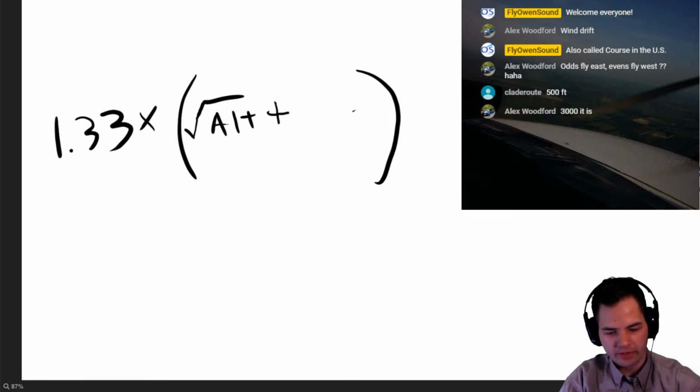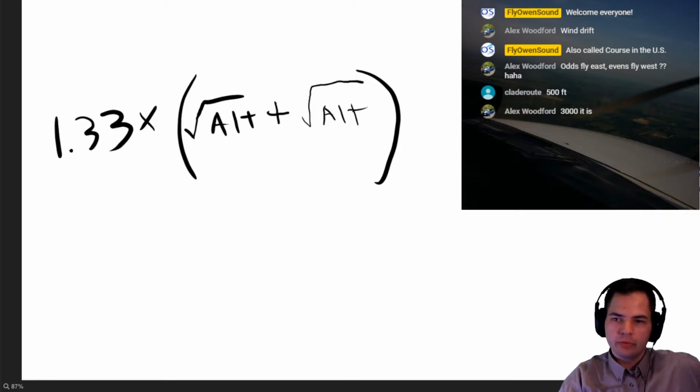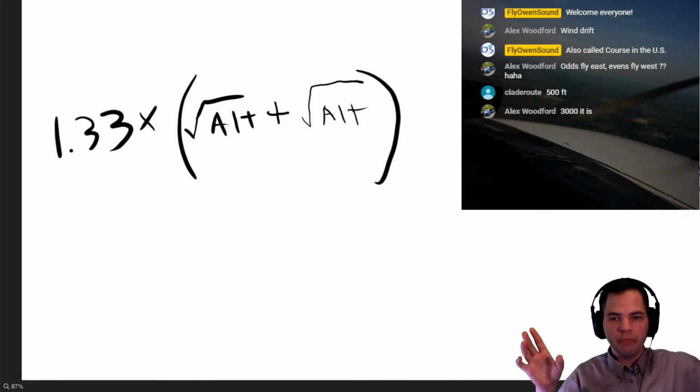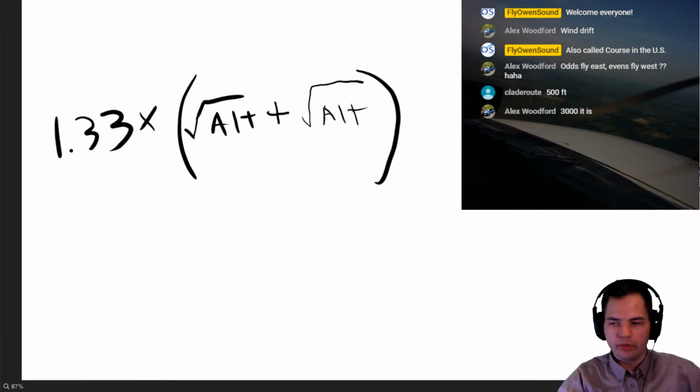If we add another altitude, we just got to square root that as well. So the altitude for the transmitter and the altitude for the receiver, square root both of them, then add them together, and then times 1.33. So let's run through one of those.